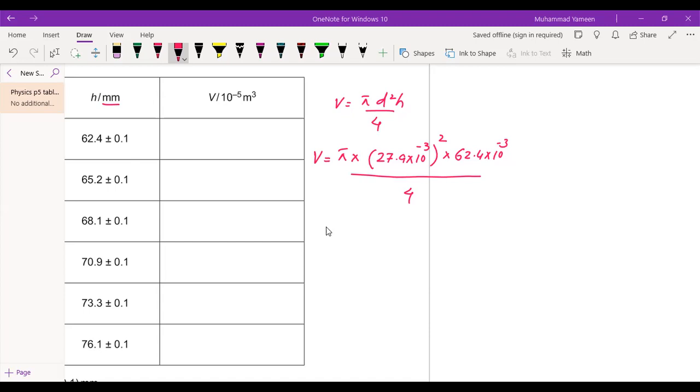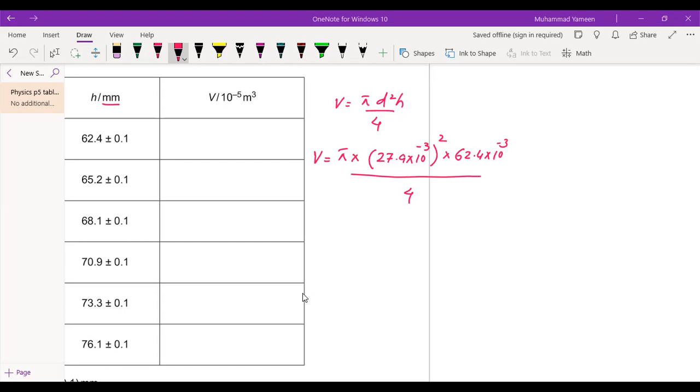Okay, multiply by pi. So from where you have to pick your pi? This is my online calculator and I can't see pi over here, but I hope you will have a good calculator with you.